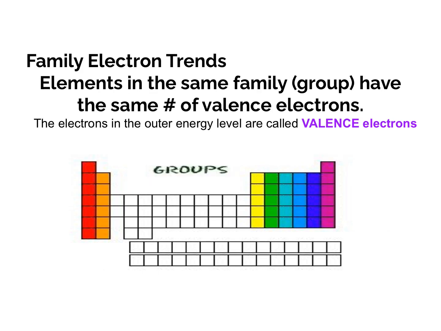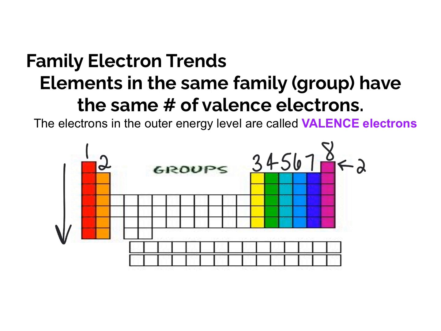So family electron trends, okay, so that's these column electron trends. Elements in the same family have the same number of valence electrons. So those valence electrons are the ones on the outermost shell. And we can actually see that we have 1, 2, 3, 4, 5, 6, 7, and 8, except for helium, which has 2 valence electrons.